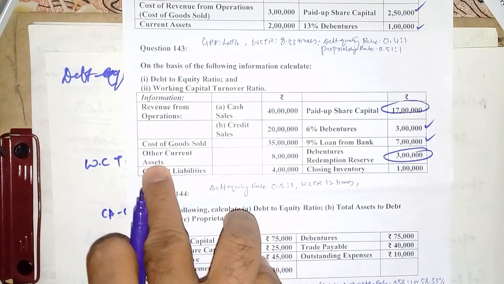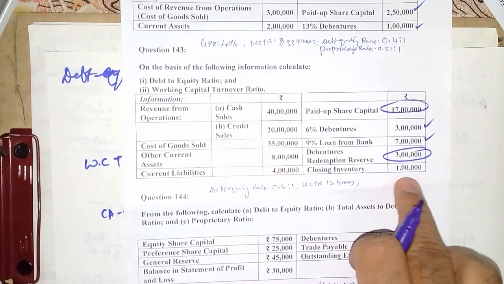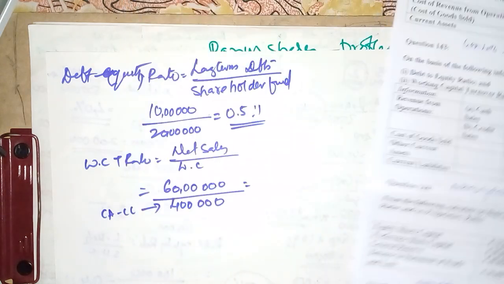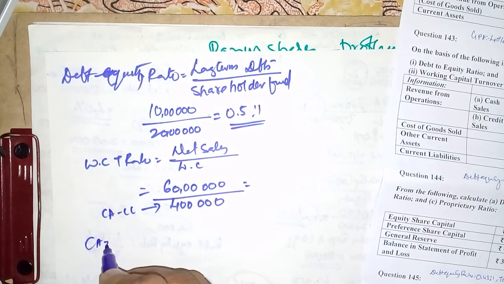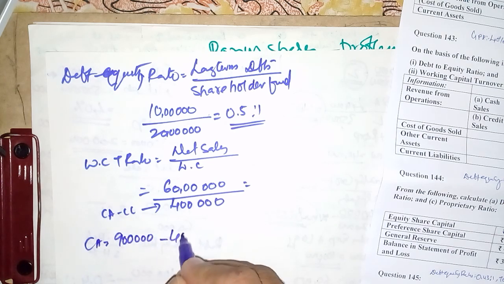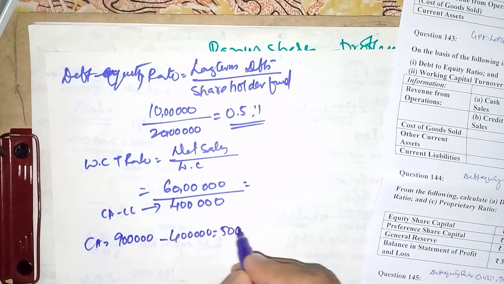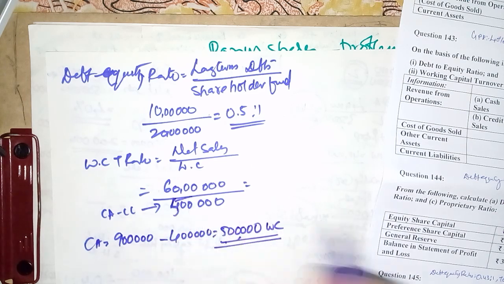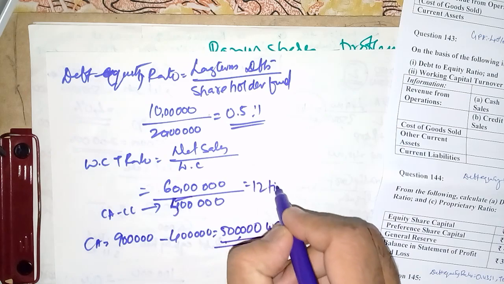Other current assets is 8 lakhs and we have provided even inventory 1 lakh. So our total current assets, CA, is equal to 9 lakhs minus current liabilities 4 lakhs is equal to 5 lakhs, which is working capital. Working capital is 5 lakhs. Therefore, we will replace this 4 with 5. Then it is 12 times.